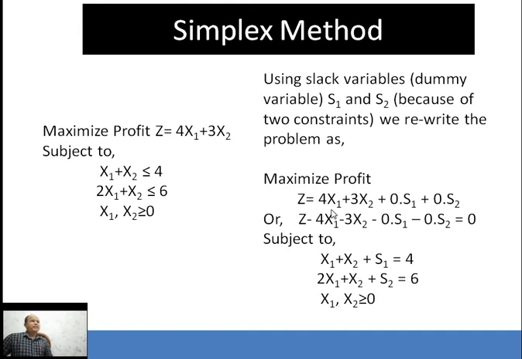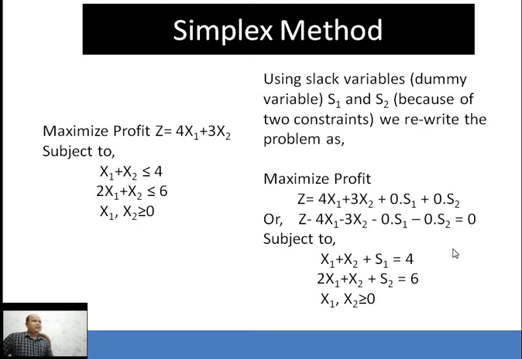Here the objective function, taking the right hand side part into the left hand side, can be written as z minus 4x1 minus 3x2 minus 0 multiplied by s1 minus 0 multiplied by s2 equal to 0.